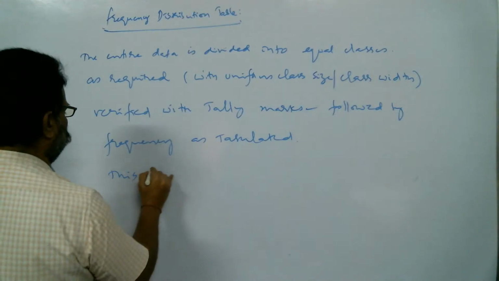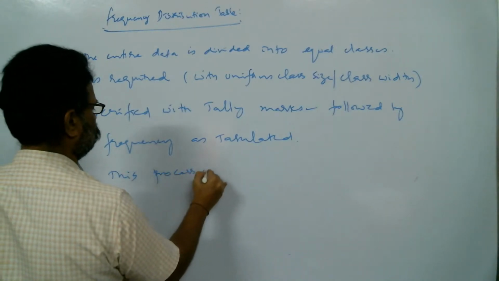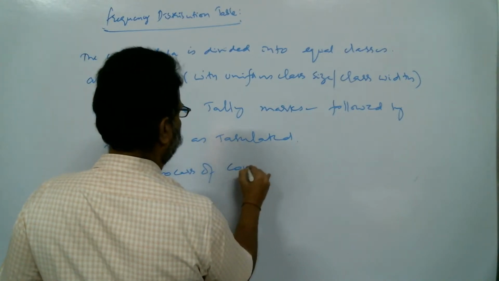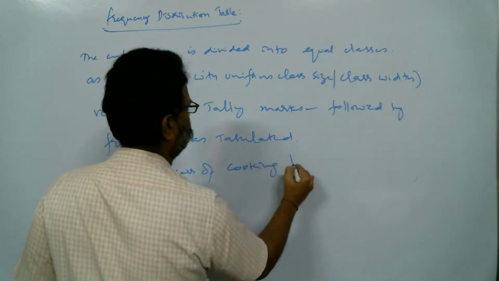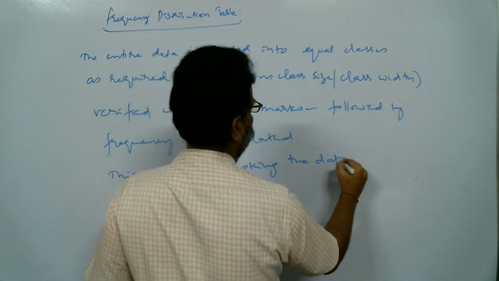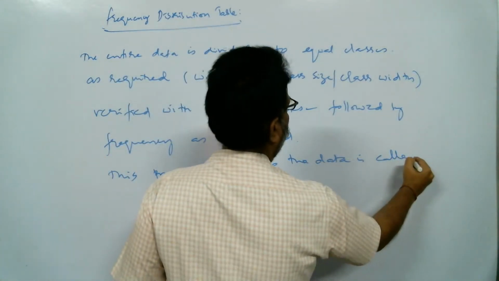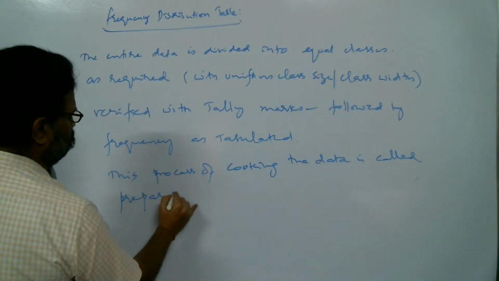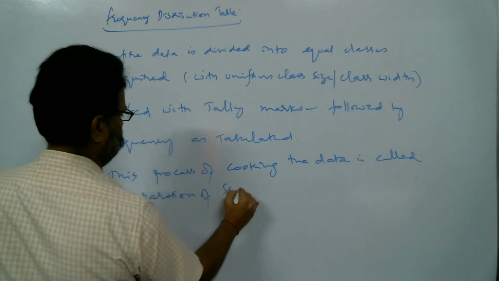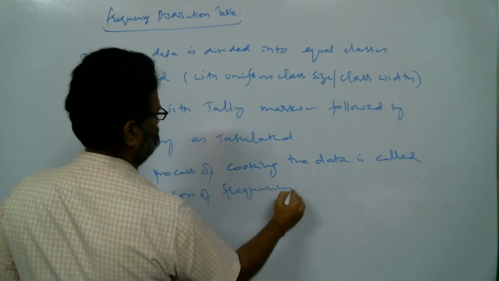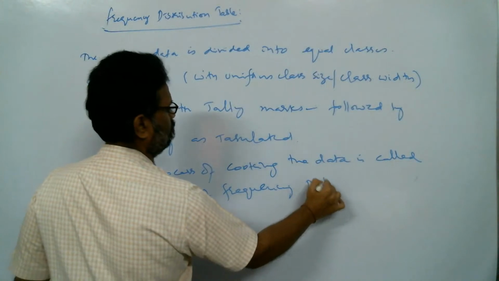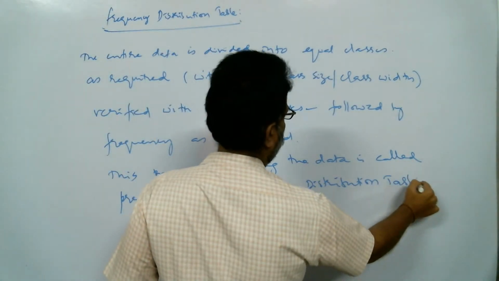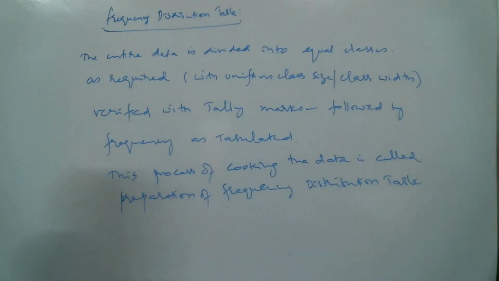This process of cooking the content or cooking the data is called preparation of frequency distribution table. Right, see here all of you.